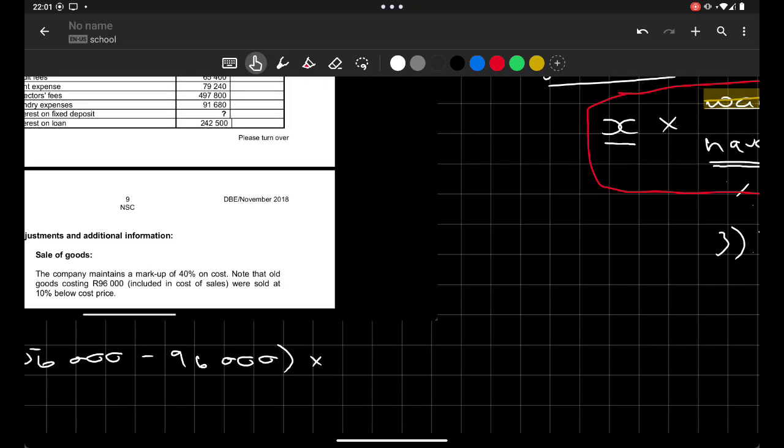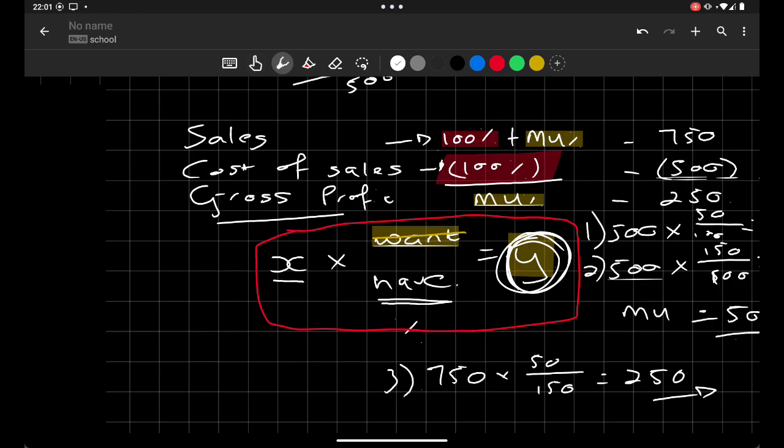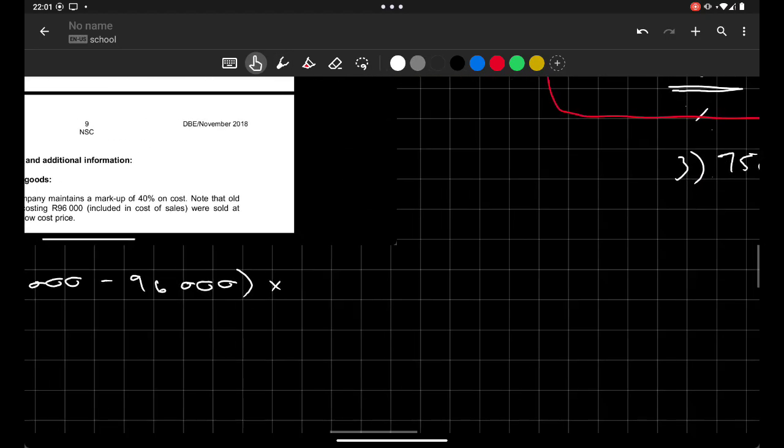If they say markup is 40% on cost, it's just another way of saying it's the markup, right? Remember, cost is 100%. So them saying that it's 40% on cost, that means it's literally 100% plus the markup, because we know that cost represents 100%, right?